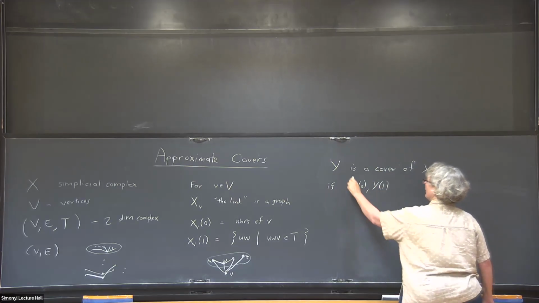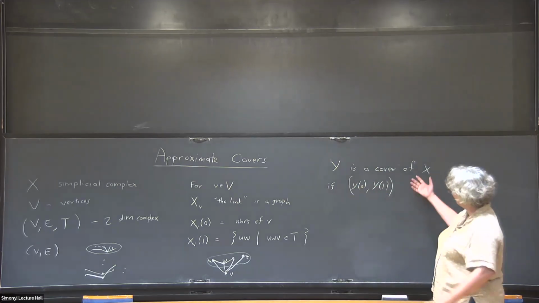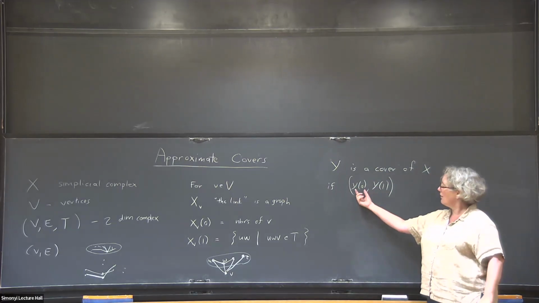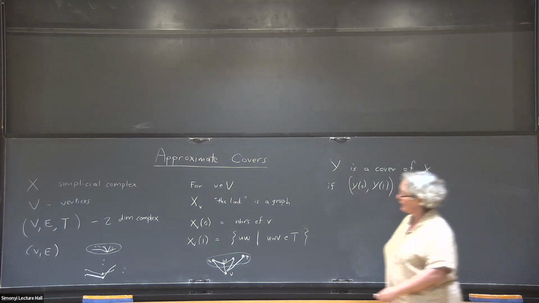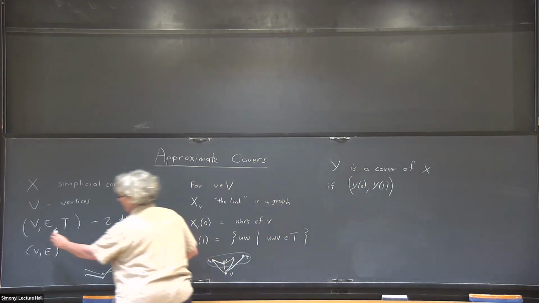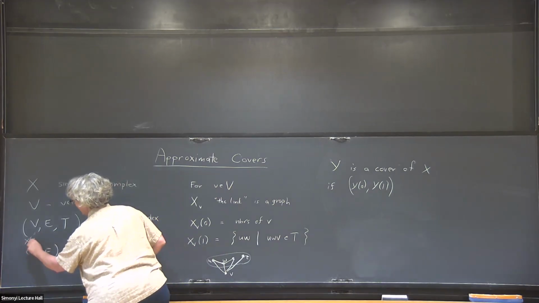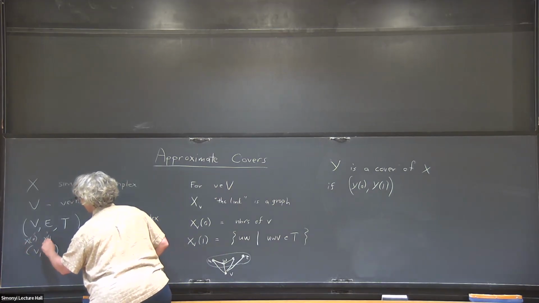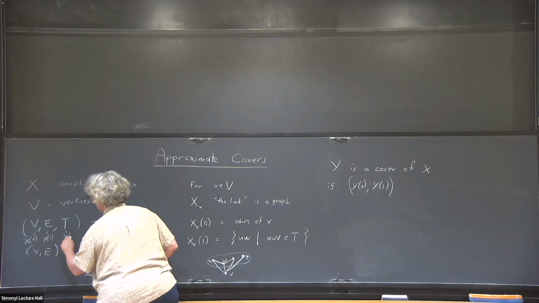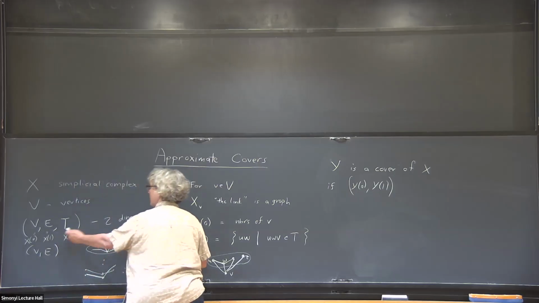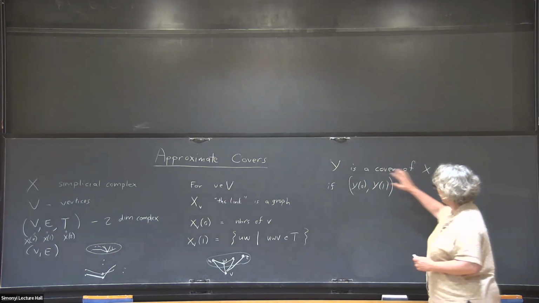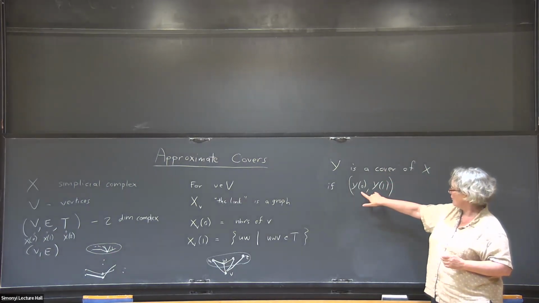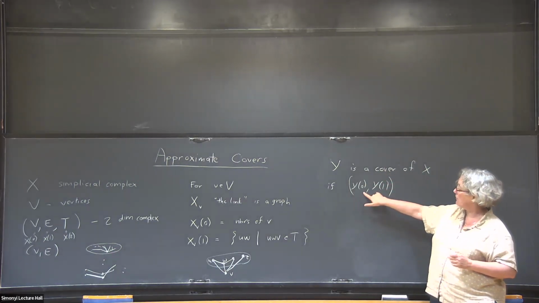So let me emphasize that when we have a simplicial complex, we call Y0 the vertices, Y1 the edges, and Y2 the triangles. So this V is like X0, E is like X1, T is X2. And then if we have more dimensions, just keep going.